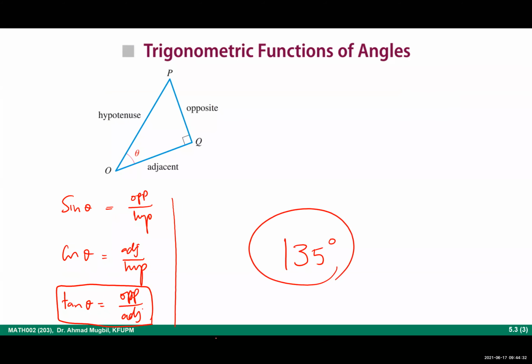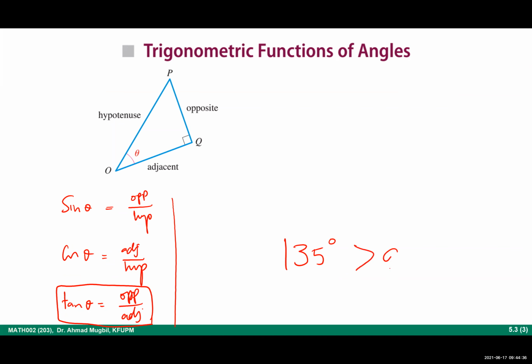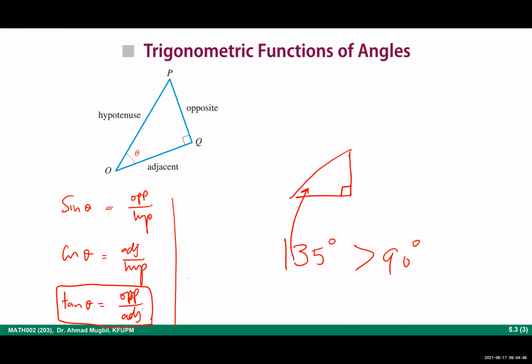How do we find its cosine? This angle is bigger than 90, so it cannot be drawn here. Who can draw a right triangle with an angle equal to 135? Can you do that? We cannot, ya Shabab. There is no angle in a right triangle greater than 90, or even equal.